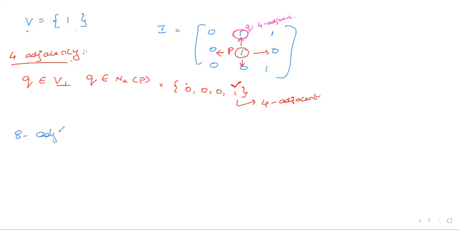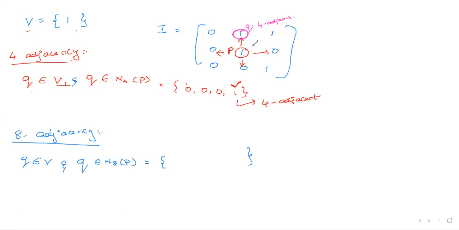Eight adjacency. Eight adjacency is Q belongs to V and Q belongs to N8 of P. Let us check N8 of P. N8 of P pixels are what?